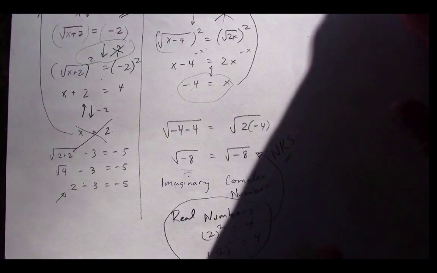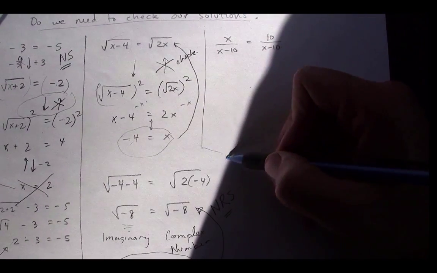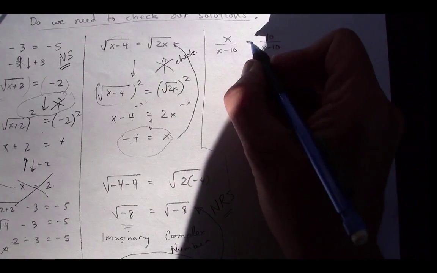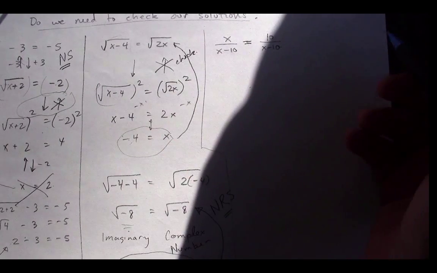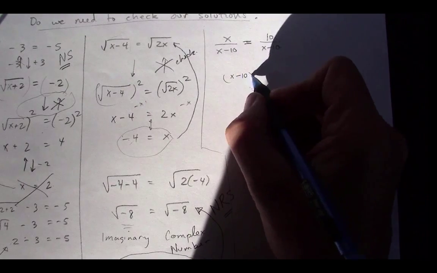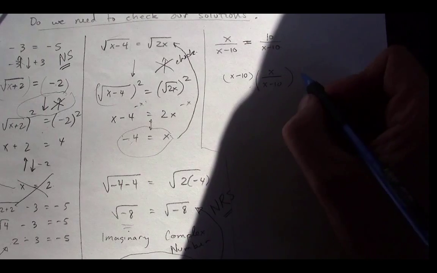Okay, finally, this one right here is quite similar in some ways to the one we just did. There's no square roots, but how are we going to solve something like this? Well, whenever I have an equation that has fractions in it, I like to get a common denominator for all the fractions, and then I go ahead and multiply by that common denominator. So I'm going to multiply both sides of this equation by x minus 10.